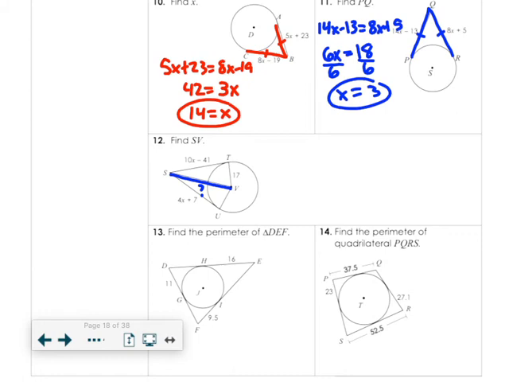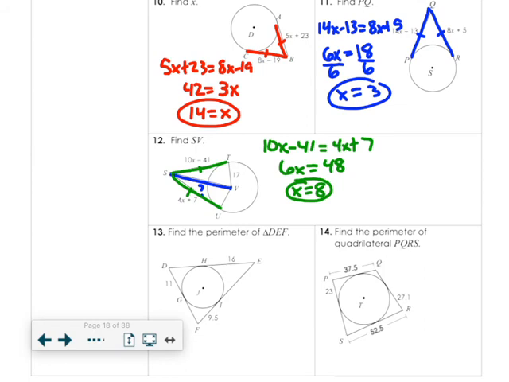Well, if I can figure out how long this is, I can use the Pythagorean theorem to answer that question. So I can figure out how long the green segment is because it's congruent to this green segment. So I can set those equal. 10x minus 41 equals 4x plus 7. This leads you to 6x equal to 48, which leads you to x equals 8.